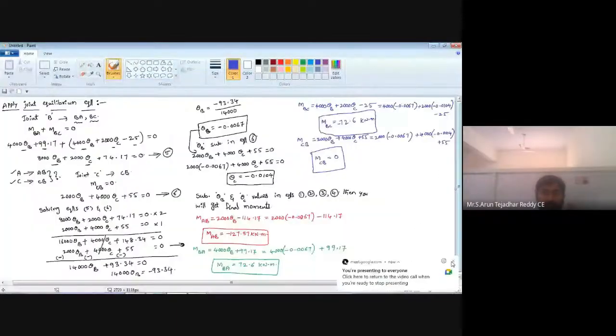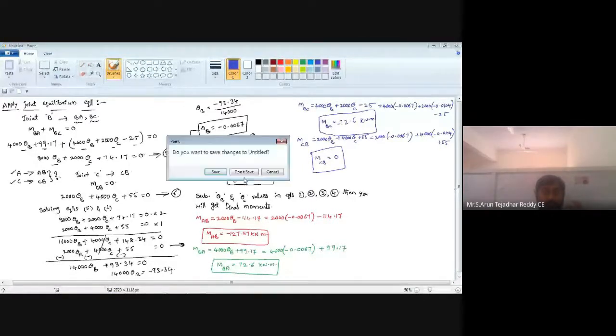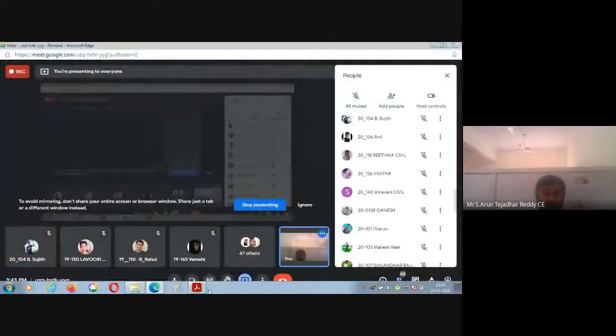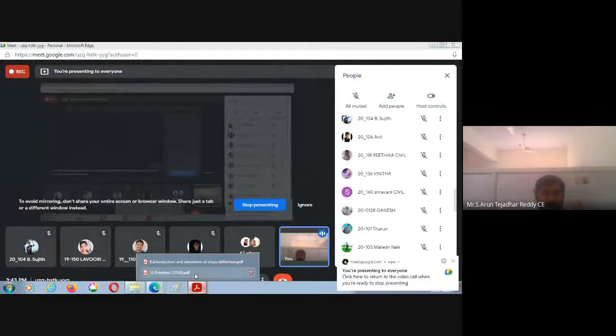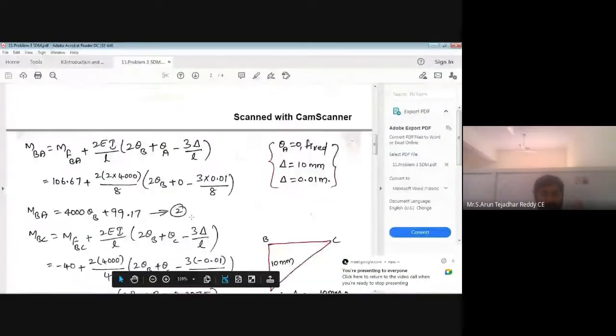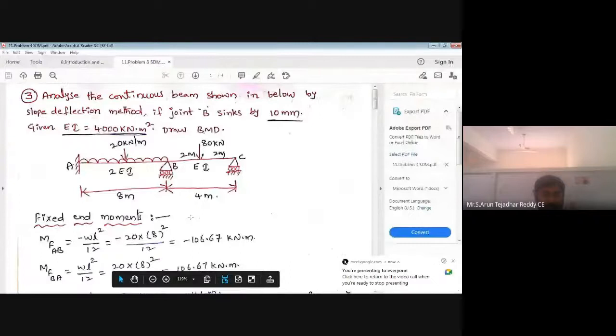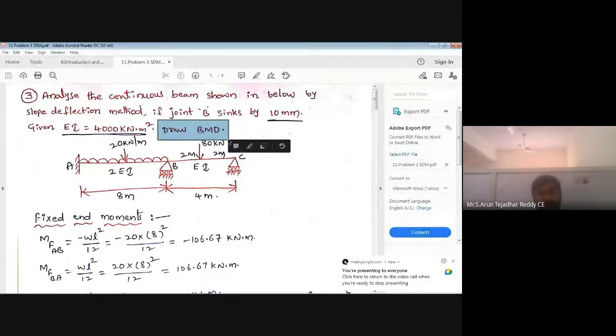So these are our final moments. And what is the final step? Before going to the final step, you need to read the problem once again. He is asking only to draw the bending moment diagram.